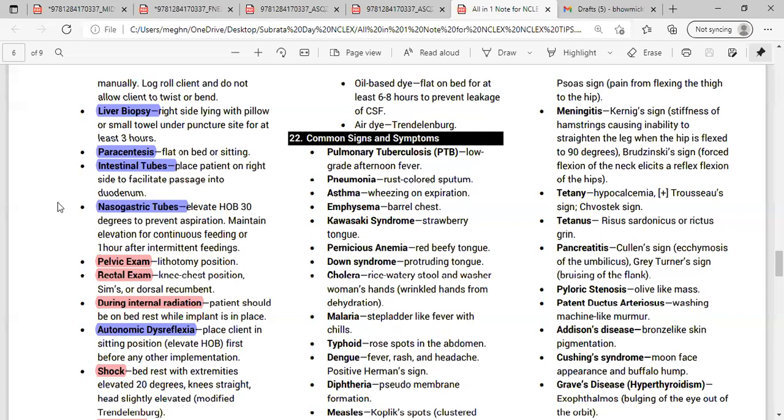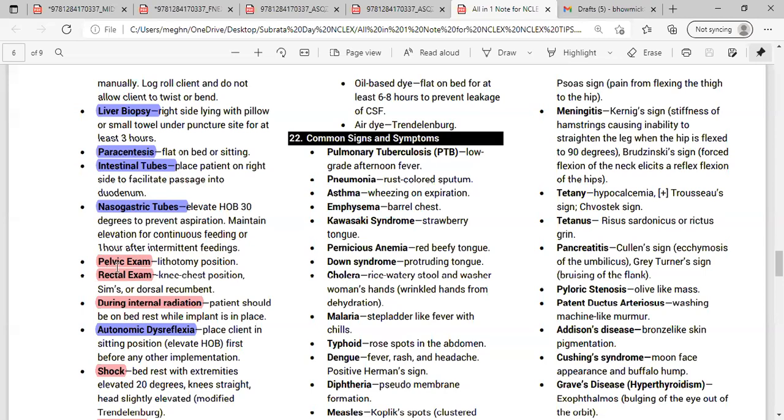If my patient needs a nasogastric tube for medication, feeding, or any other purpose like aspiration, it is good to elevate the head of the bed 30 degrees to prevent aspiration. Maintain elevation for continuous feeding or 1 hour after intermittent feedings.